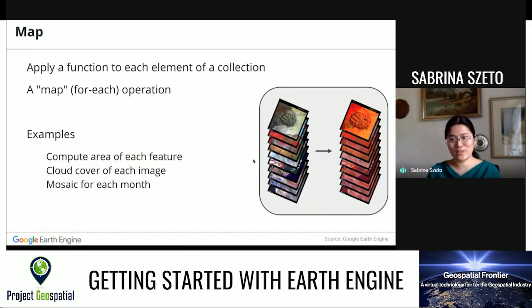Instead of having your laptop do this one feature at a time, you're able to split the problem up over many, many different machines in the cloud and have each one of them solve just one problem. So each of them computes the area of one feature, and it will take much less time because they only have one task to do. So that's the map portion of this paradigm.